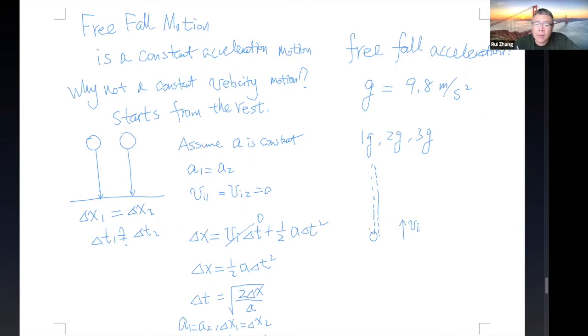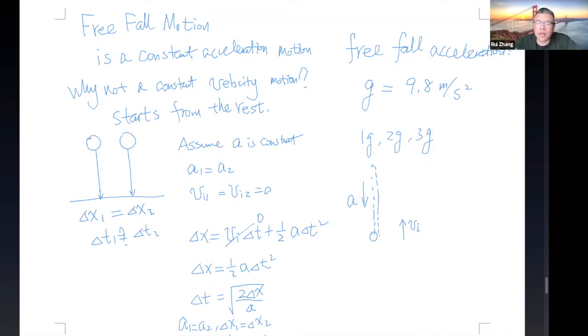But when you're in the air, there's an acceleration A going down, which is this 9.8. Because these two go in opposite directions, the ball is going to slow down as it goes up, all the way until the velocity reaches zero.